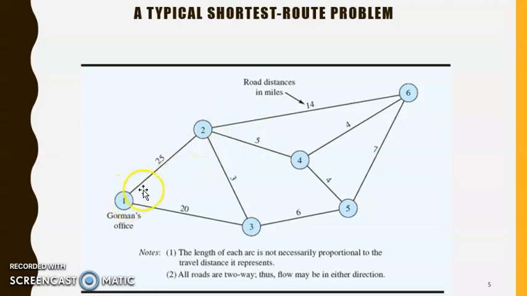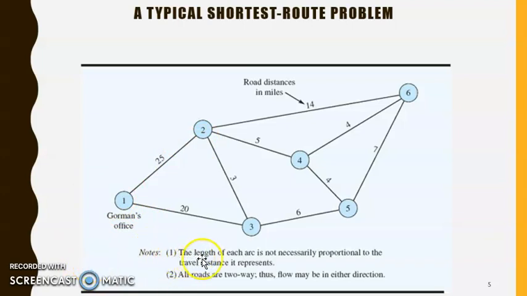For example, maybe this is a highway of, for example, 30 miles, 40 miles, but from 1 to 2 is just 10 miles of that highway. And after that, you need to change your path to another highway, to another road, to another freeway. And now it says from 1 to 2 is 25 miles.